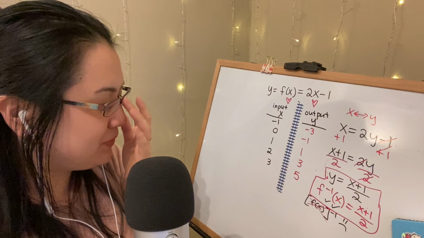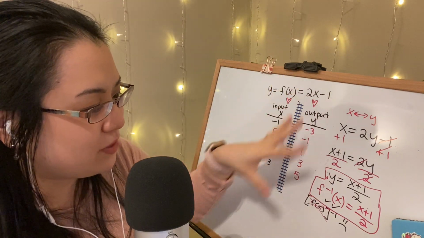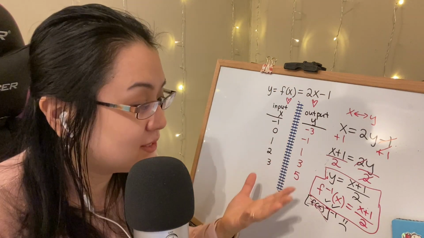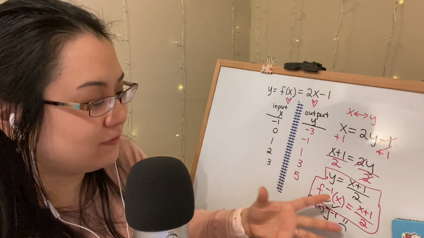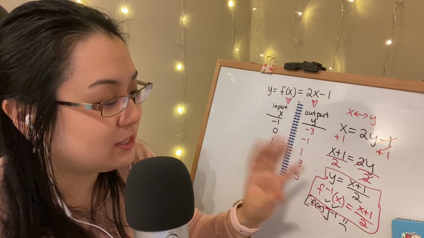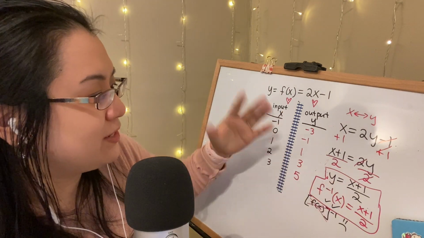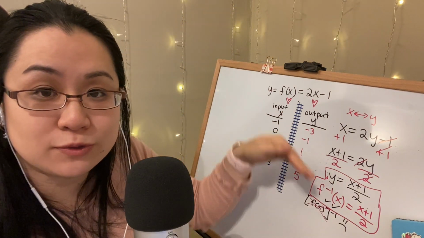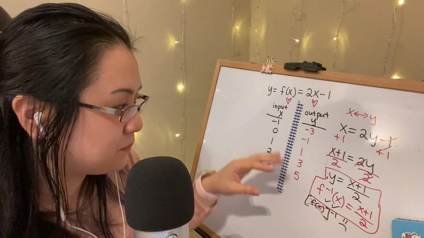So when I said whether or not an inverse exists, it has to do with the fact that we hope that our inverse is also a function, and if that is a function, then we need to do the opposite of the first rule with the vertical line test.